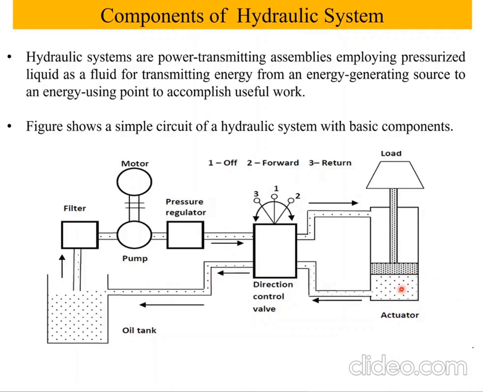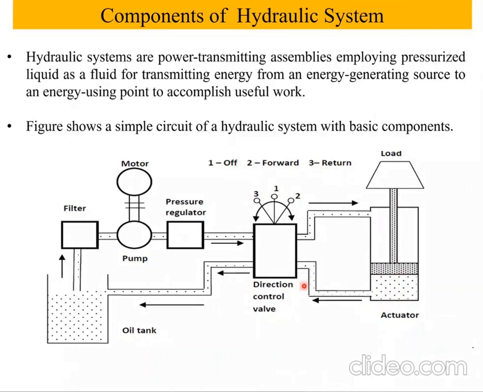And now when there is no pressure on the lower side, and there is a spring below this piston, what happened now? All this oil has come out. Now when the oil goes out, we can see there is a spring inside this cylinder at the bottom side of this piston.